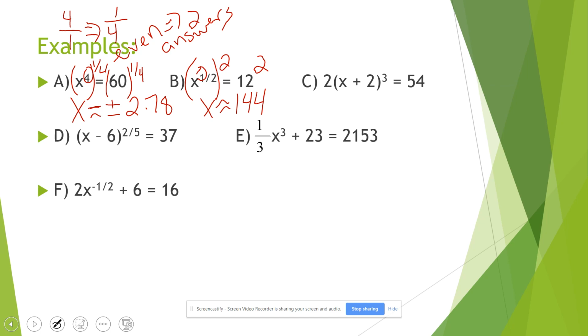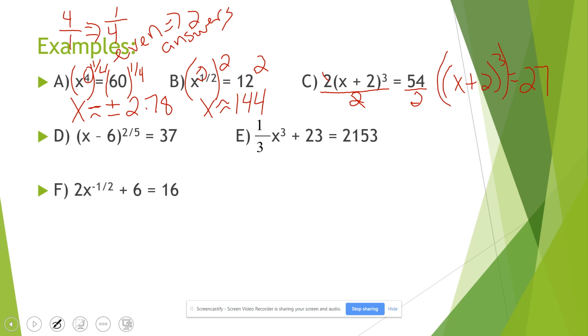Letter C. Well, let's see. We've got parentheses, exponents, and multiplication. So the first thing I have to do is divide by 2. It gives me x plus 2 cubed is equal to 27. 3 is an odd exponent, so I'm only going to have one answer.